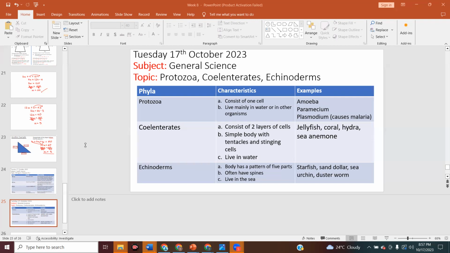How many cells does a protozoa have? They have one cell. They have one cell, very good. Egypt, where's Egypt? Yes, sir. How many cells does a protozoa have? One cell. One cell, very good.